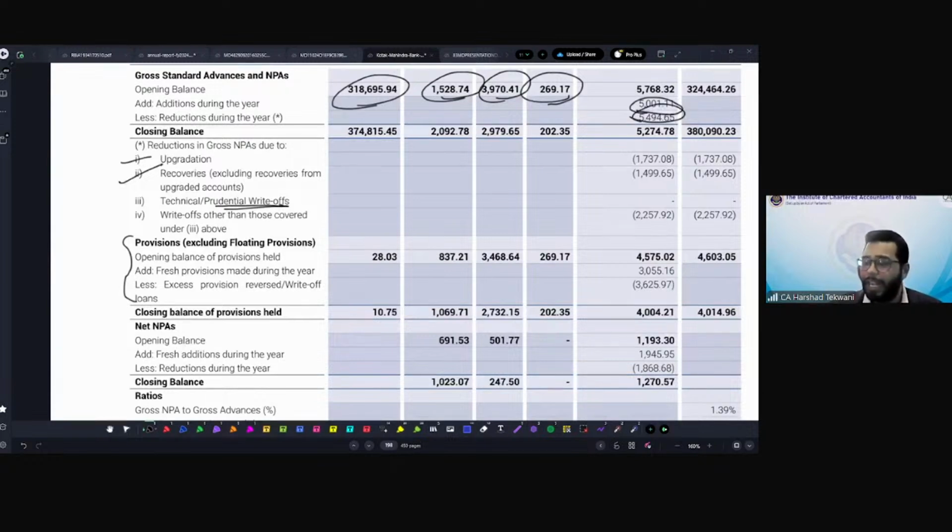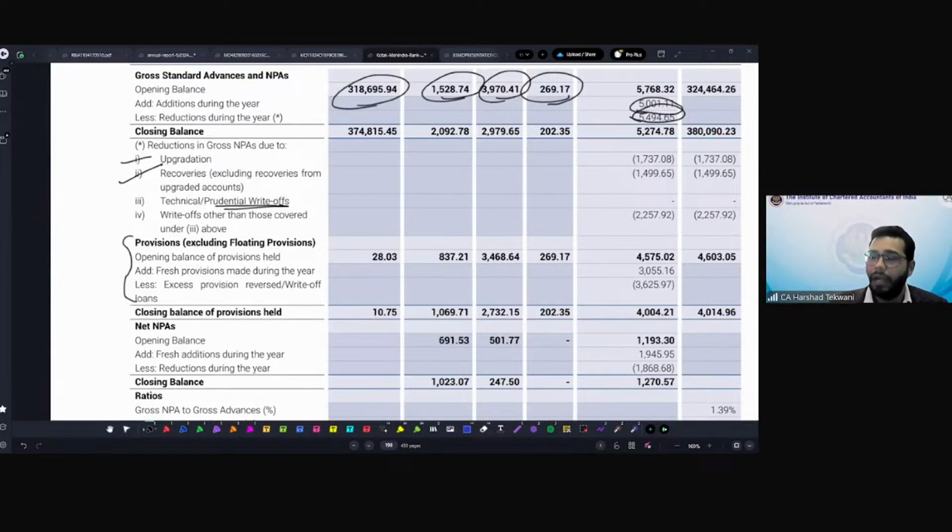So we saw selling of NPAs. You might read about securitization of assets, or securitization companies, that purchase the non-performing assets from the banks and try to recover them.